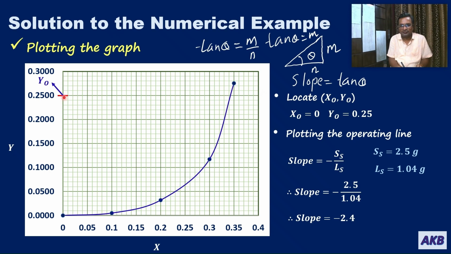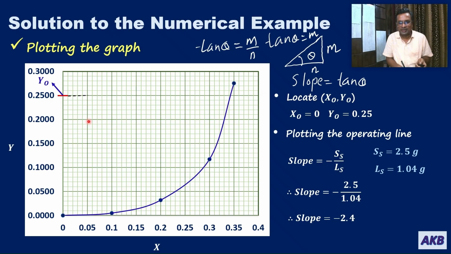So if the denominator is to be 1, that means this distance will be equal to 1. So I will travel a distance of 1 unit towards the right of this point. And since I want to plot a line of negative slope, instead of traveling in upward direction, I will be traveling in a downward direction.